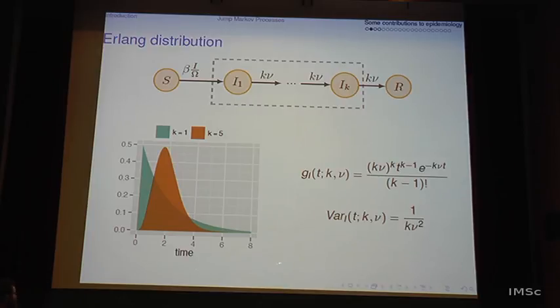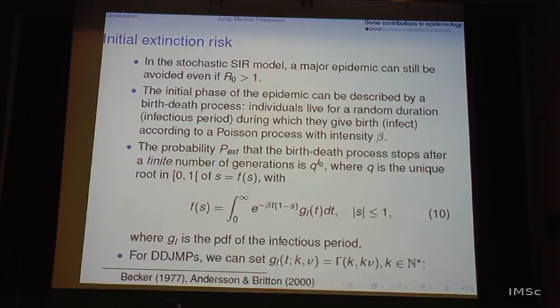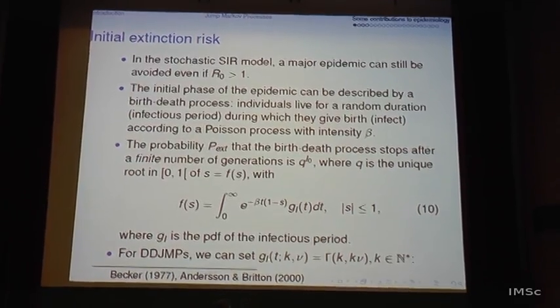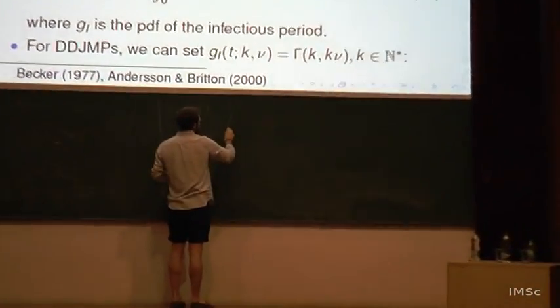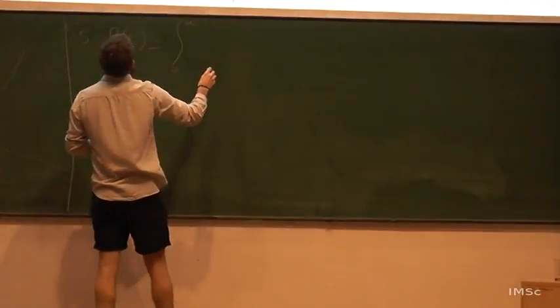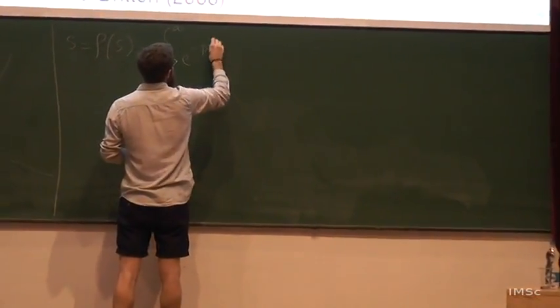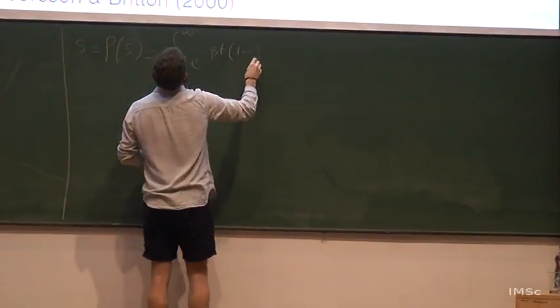I think I have time to quickly look at how we can derive the probability Px. So I'm interested in the solution of s equal f of s, being the integral between 0 and plus infinity of exponential of beta t times (1 minus s).